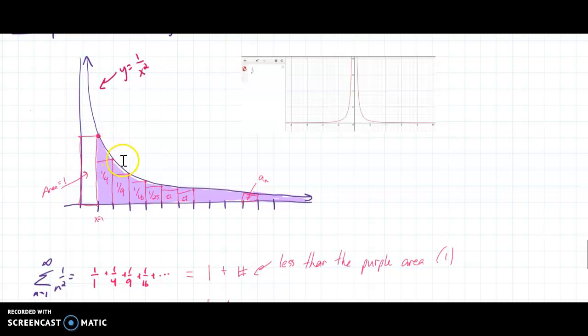If I go to the right for each of these, then I can show that the summation, for example, 1 over root n, would be bigger than the integral from 1 to infinity of 1 over root x dx. And since the integral diverges, the summation, the series, would also diverge.